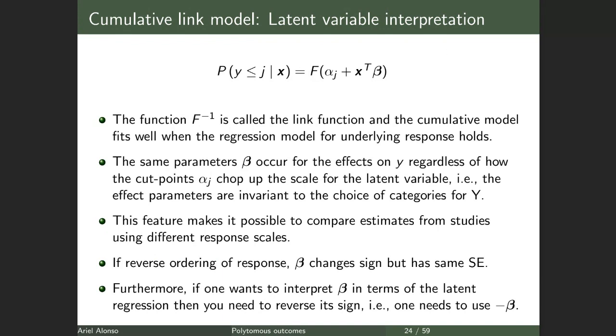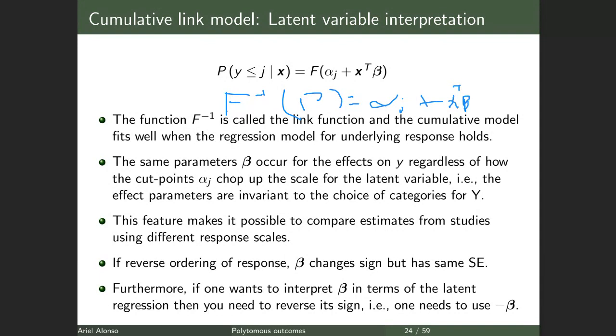Now, the inverse of the F function will be the link function. So if you calculate the inverse of the F function evaluated at the probability, what you will get is that it will be equal to the linear predictor, alpha j plus x transpose times beta.